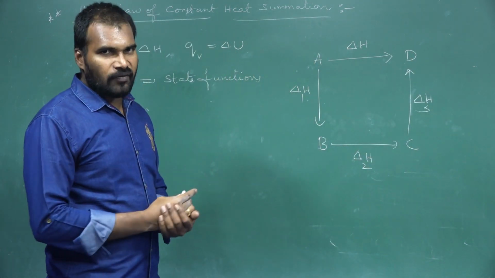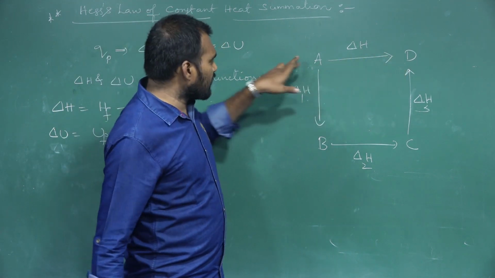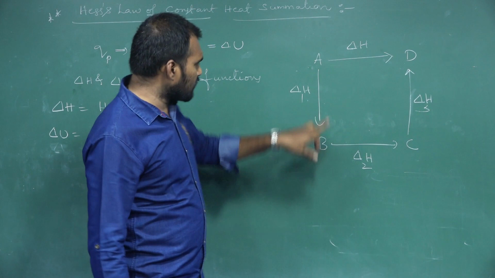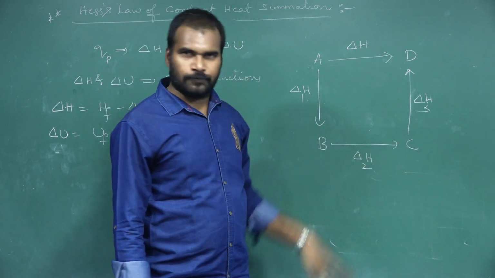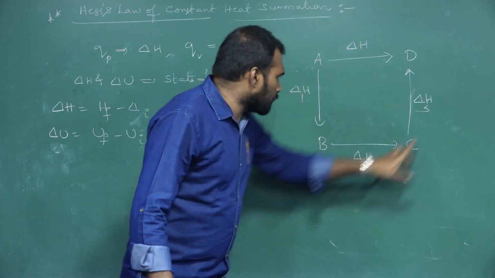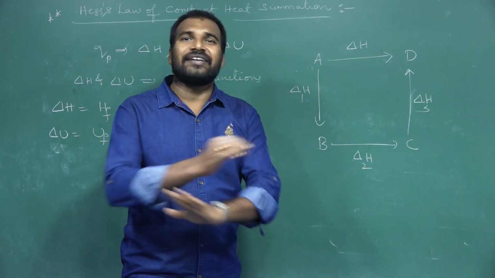So according to Hess's law, a reaction takes place in a single step or in multiple steps. Here how many steps are there? Step 1, step 2, step 3. Whether a reaction takes place in a single step or multiple steps, the total heat content remains the same.